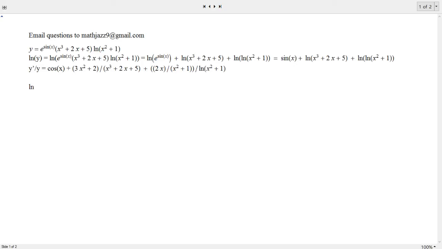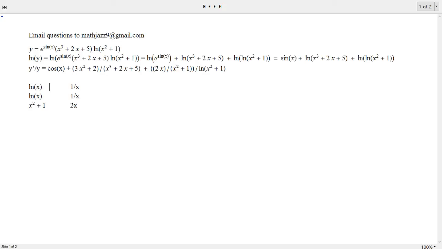Now, if you're wondering exactly how I did that, we notice that the outside function is the natural log of x. The next function in is also the natural log of x. And the function inside of that is x squared plus 1. So the derivative of the natural log is 1 over x, and the derivative of x squared plus 1 is 2x.